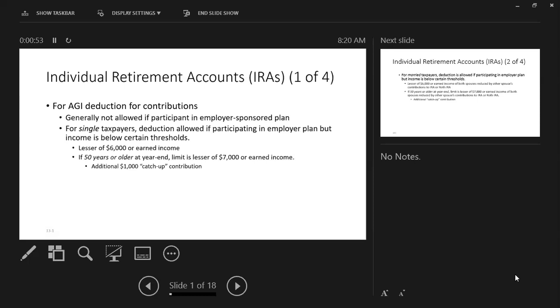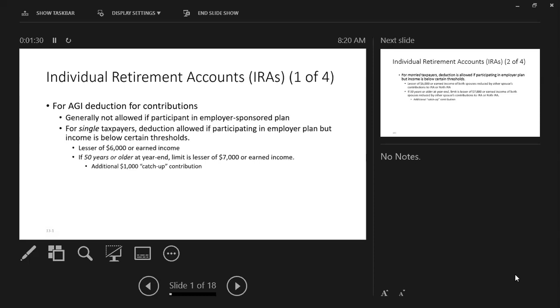Now, when it comes to individual retirement accounts, remember we have the traditional and the Roth. So first we're going to focus on the traditional. Remember the other day we said, if you are not a participant in an employer-sponsored plan, you can deduct for each taxpayer on the tax return, which would only be one or two, the lesser of the contribution, $6,000 or earned income.